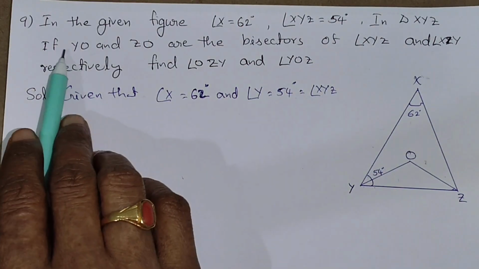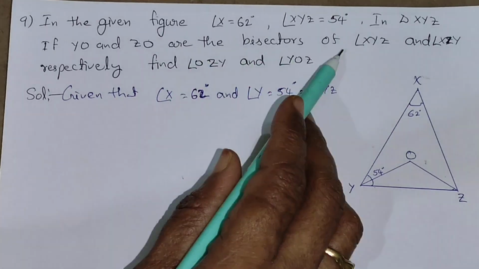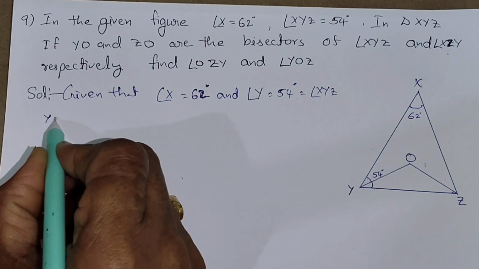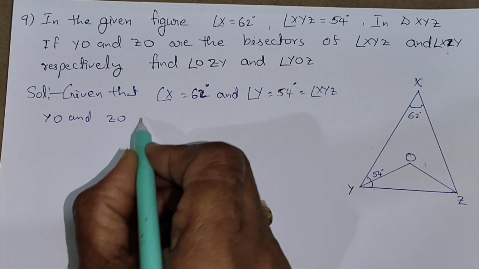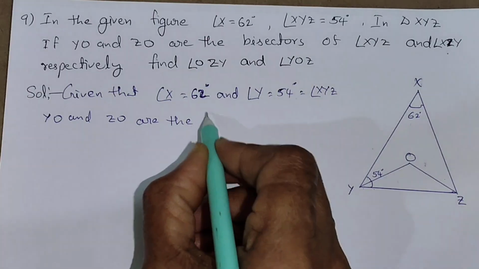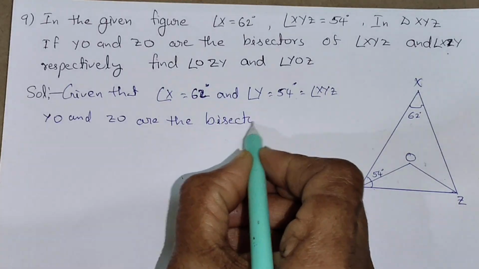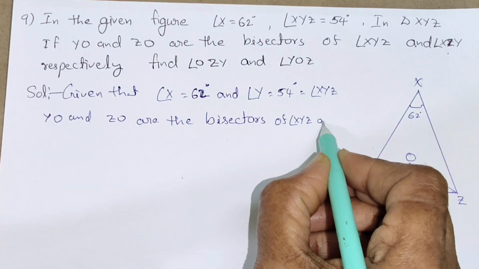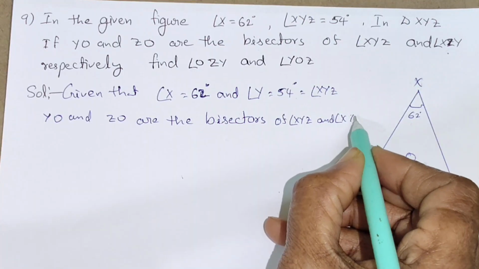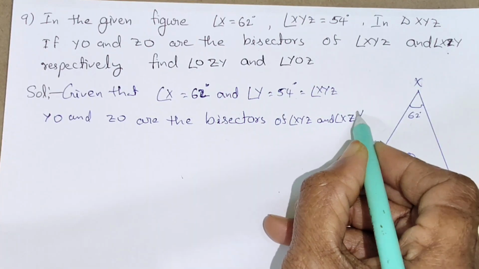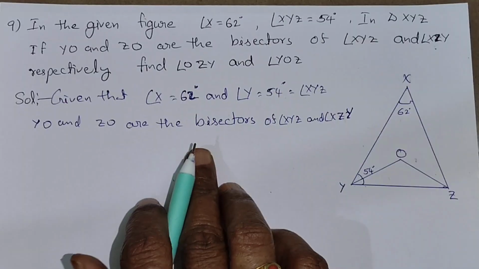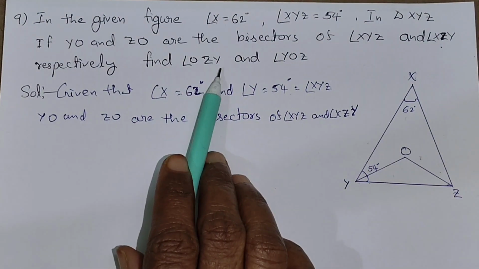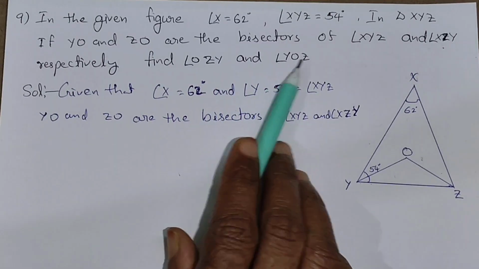YO and ZO are the bisectors of angle XYZ and angle XZY. These two are the bisectors of these two angles. Now we find OZY and YOZ.